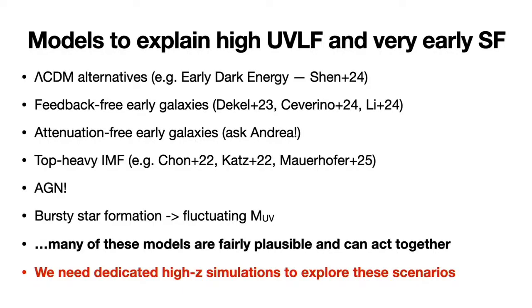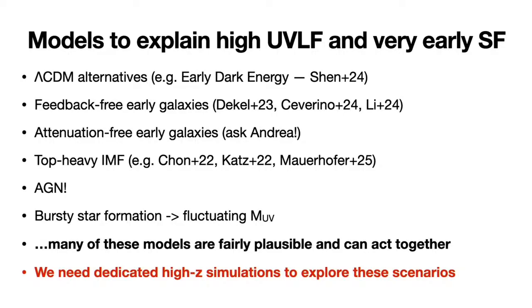There is the attenuation-free model, so ask Andrea about that, where gas is just ejected due to strong feedback in these early galaxies, if I understand correctly. A top-heavy IMF is completely a possibility, giving you bright galaxies at lower masses.